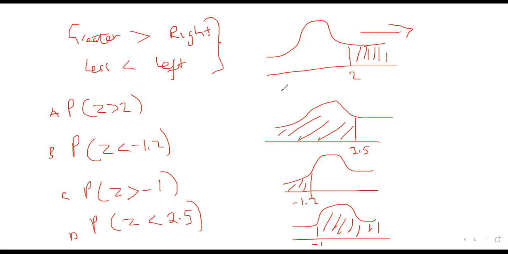Yes. So now one thing I need you to understand is that there are shadings that are small and shadings that are big. So this is a small shading. Whenever the shading is small, we subtract from 1. This is a big shading. We read directly from the tables. Small shading, we subtract from 1. Big shadings, we read direct from the table.